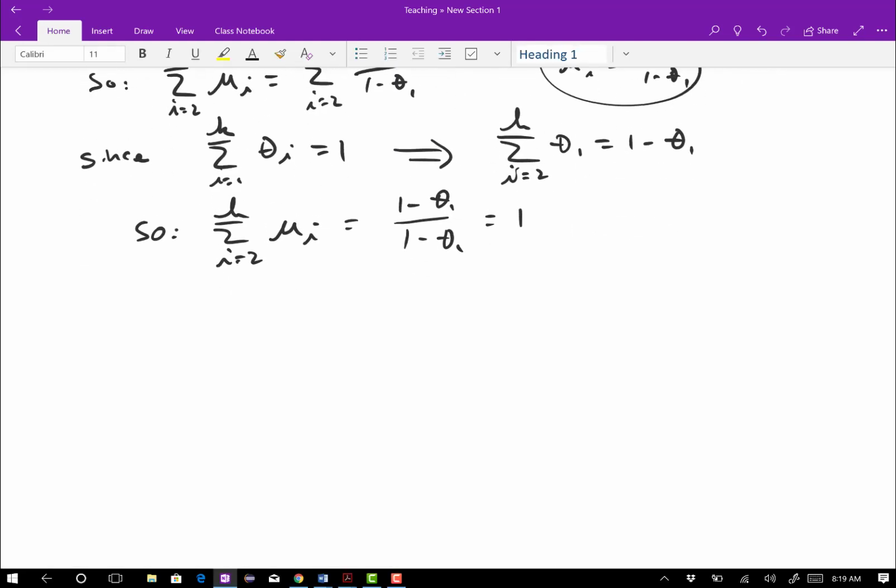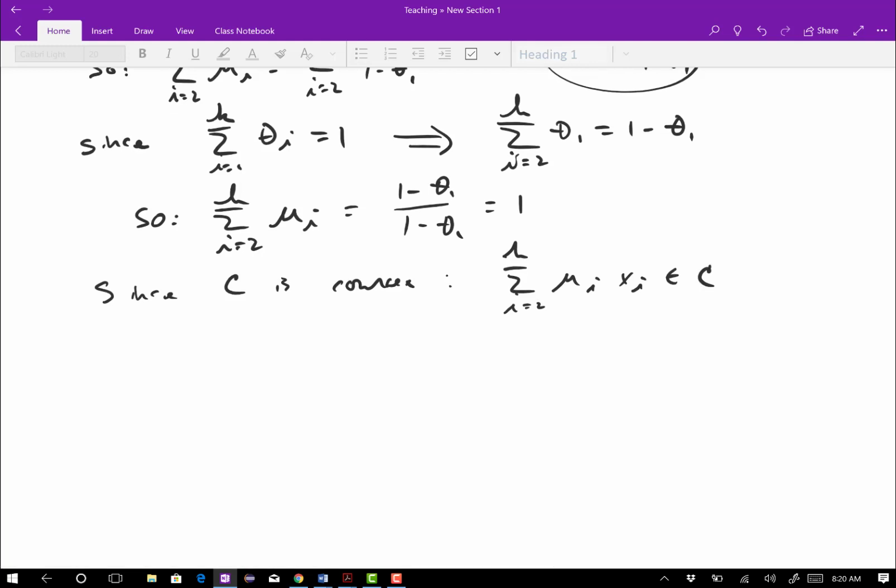Now, we know that C is convex. We're told that in the problem, and if that's the case, then the sum of i ranging from 2 to k of mu i x i has to be an element of C by our definition of convexity.